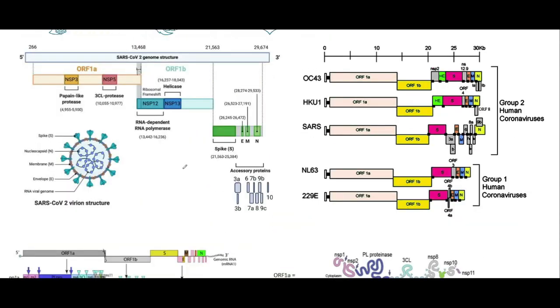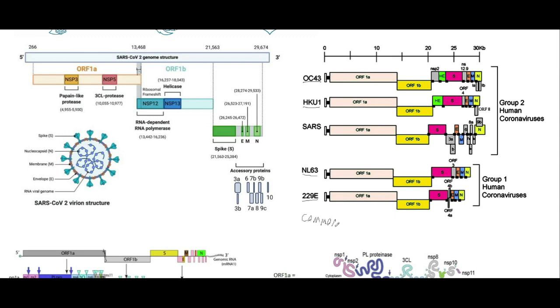Up here, I have the genomic structure of several other coronaviruses. OC43, HKU1, NL63, and 229E are all coronaviruses involved in certain strains of the common cold.